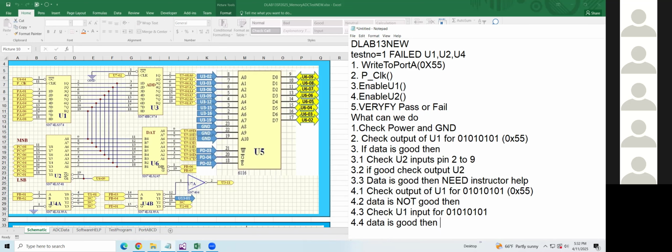I replace the IC. No, not yet. The thing is you check the output here is wrong, right? Then you go back to the input U1 from port A. Data in input port A here is good.